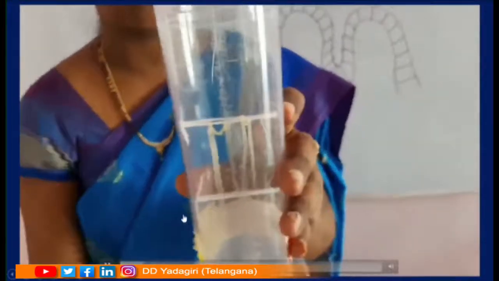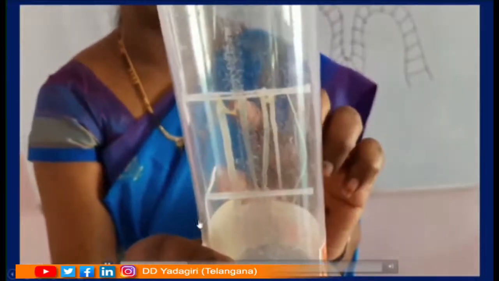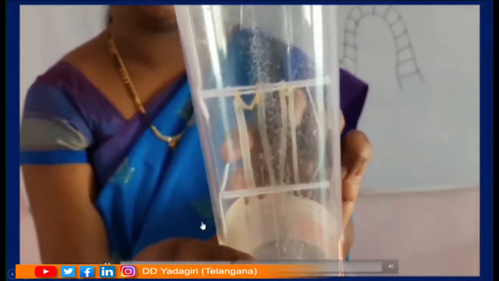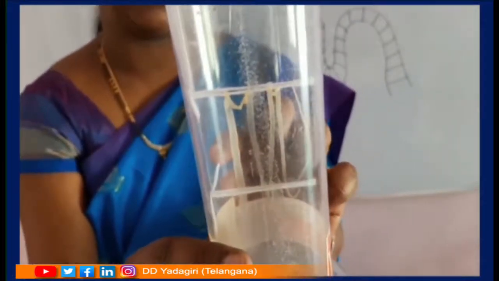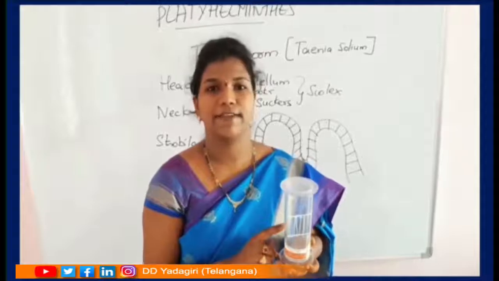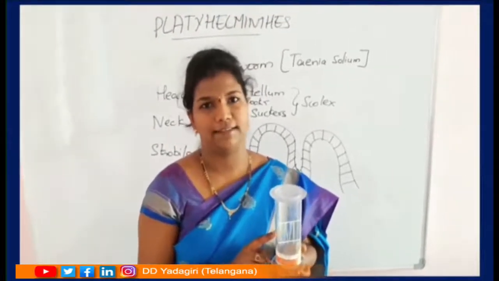It is so small, like a pinhead, right? You can see segmented structures, right? So, these are proglottids. You can see they are dorsoventrally flattened, isn't it, children? So, children, these Platyhelminthes do not have any specific coelom. That means there is no specific coelomic cavity.